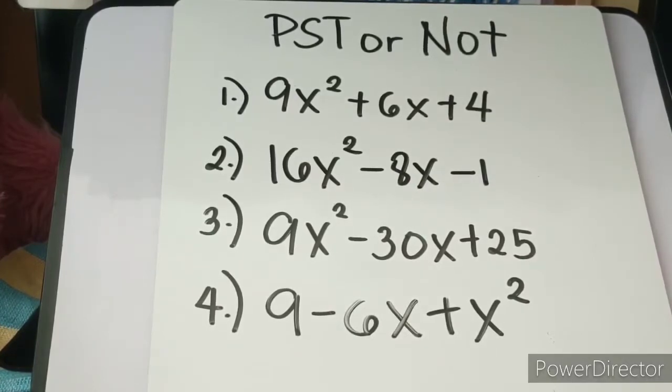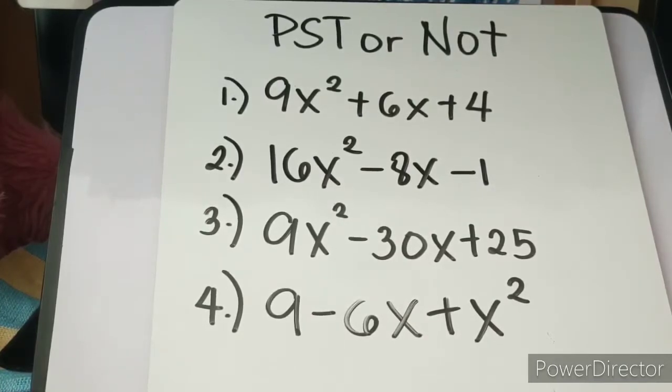We will now check the middle term or the second term. Yung second term po, dapat even number. Paano natin malalaman kung tama? Hindi lang basta po kasi even yon. Dapat po twice the product of the square root of the first term and the square root of the third term.